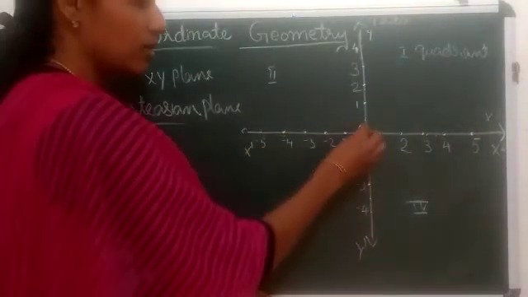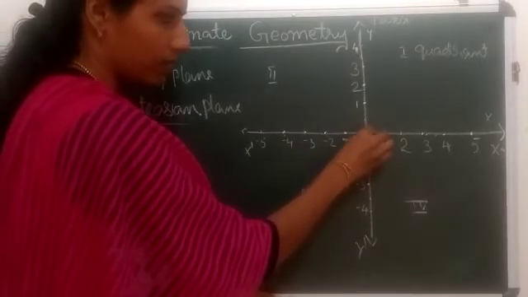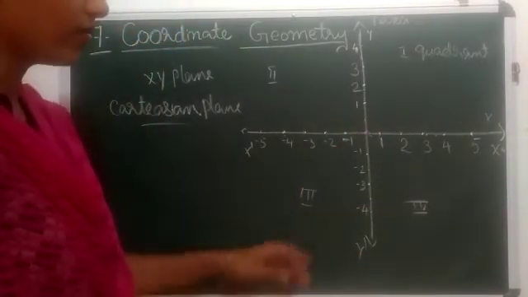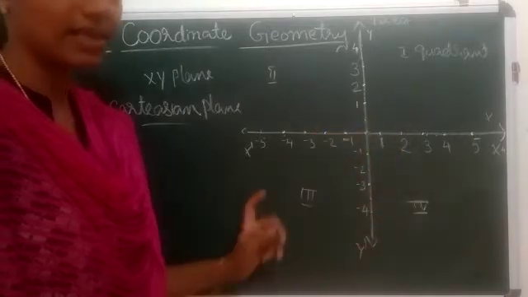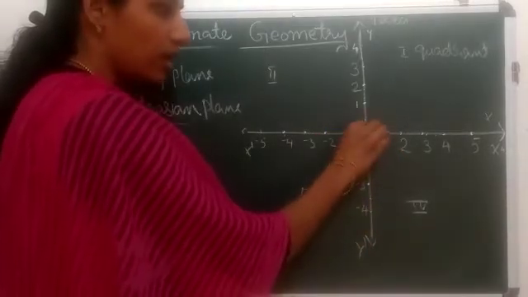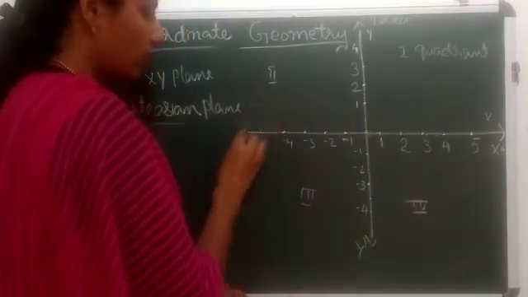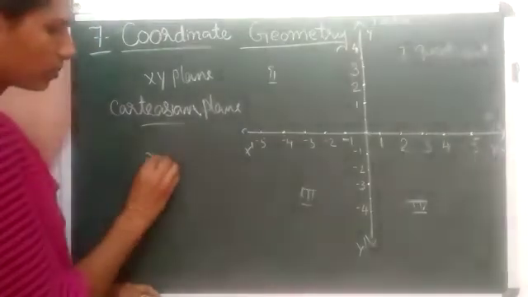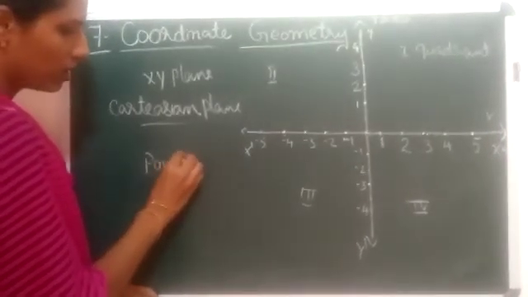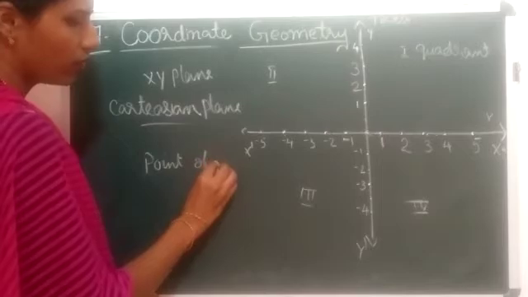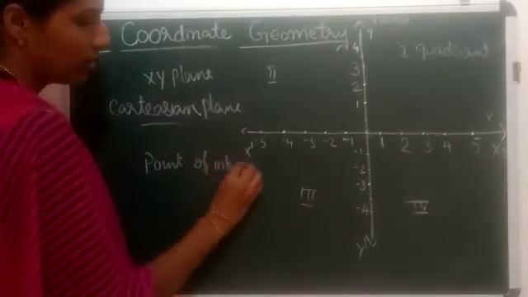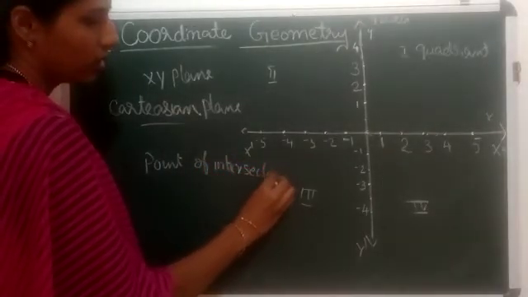See this point, where both the y-axis and x-axis meet. It is called the point of intersection.